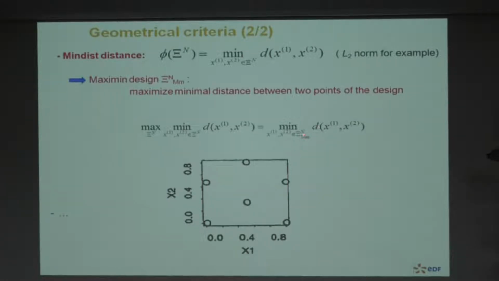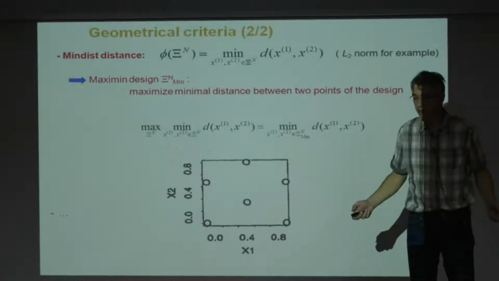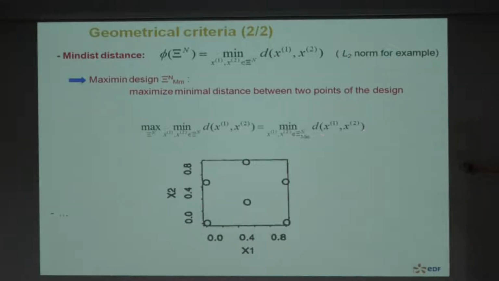So this is the notation. This is the distance. Usually we take the L2 distance, but you can take other distances like L1 or L infinity. And so when we compute the maximin design, we compute the argmax over the design, and this is the design.